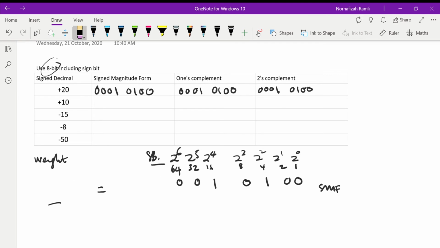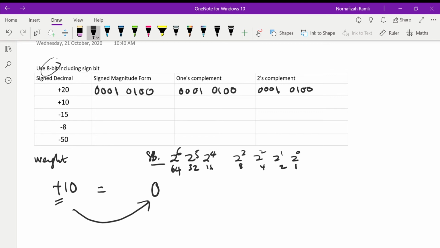Now plus 10, let me clean this whiteboard. For plus 10, obviously I can just start with the sign because it's a plus, so it has to be 0. Then 0, 0, 0, and 10 is 1, 0, 1, 0. In sign magnitude form, because it is a positive number, you don't do anything.